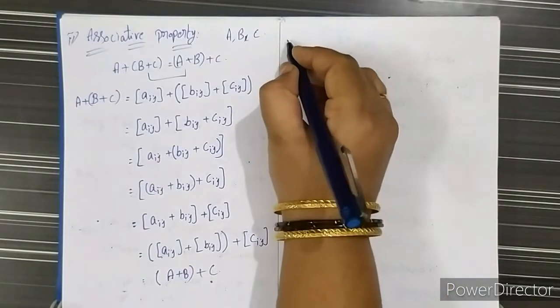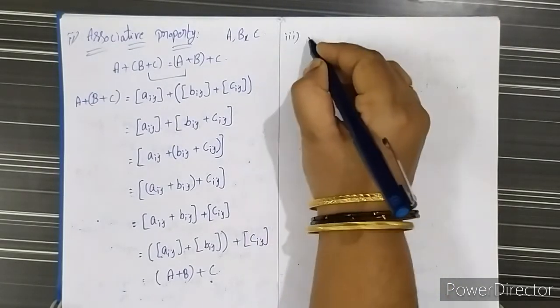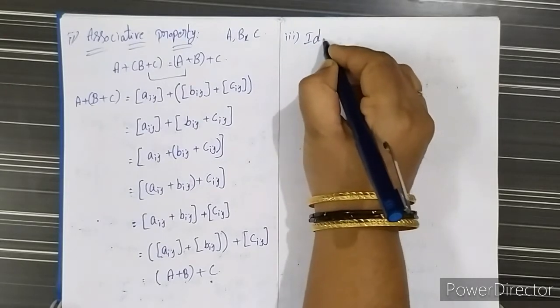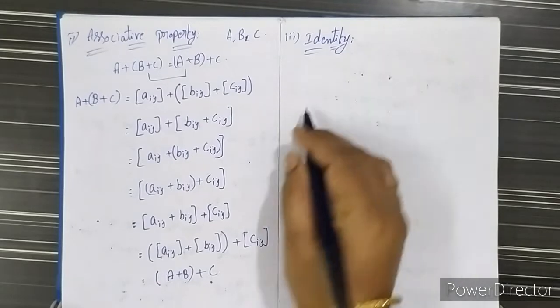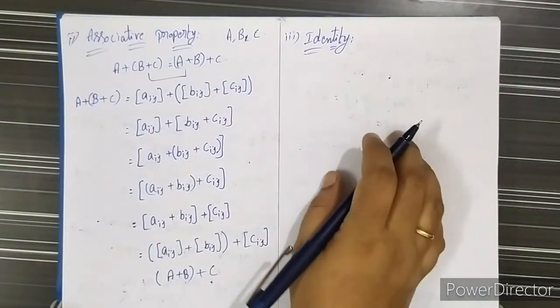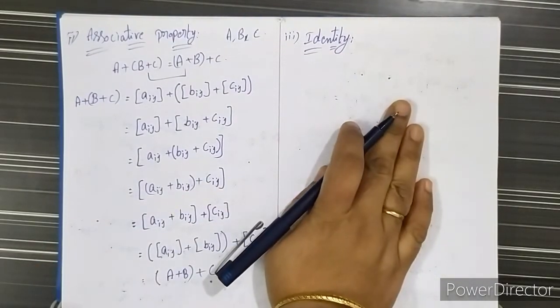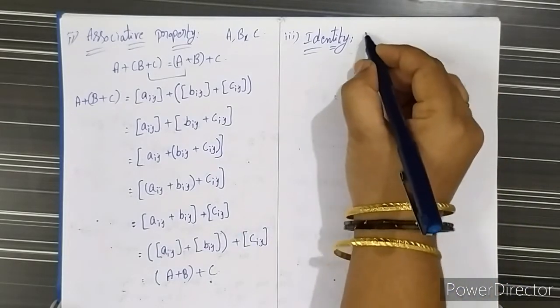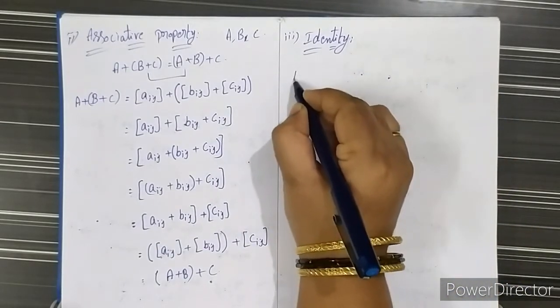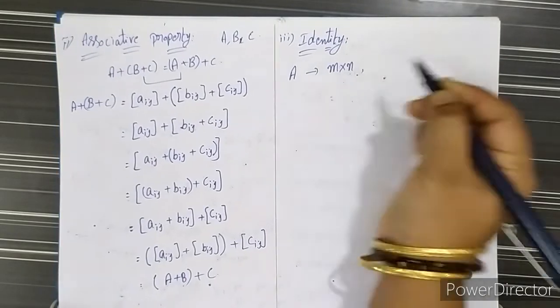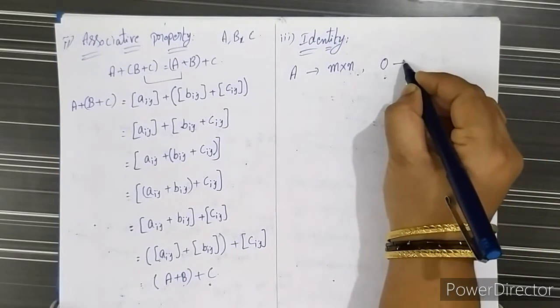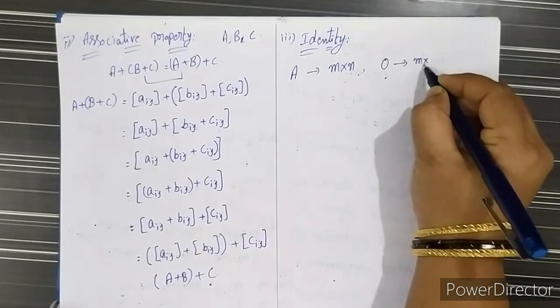Next, third property is identity property. We can take, let A be a matrix of order m by n and O is the null matrix of order m by n.